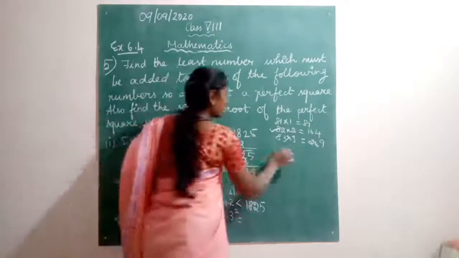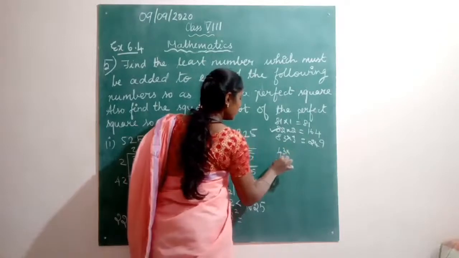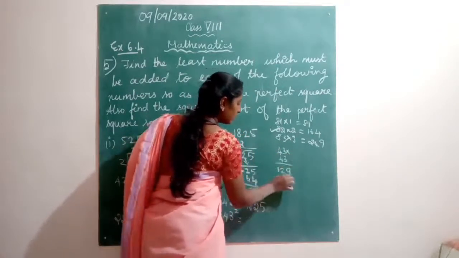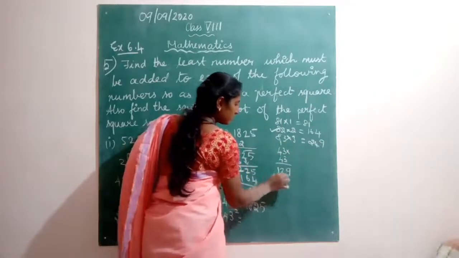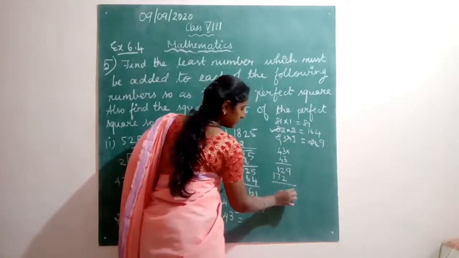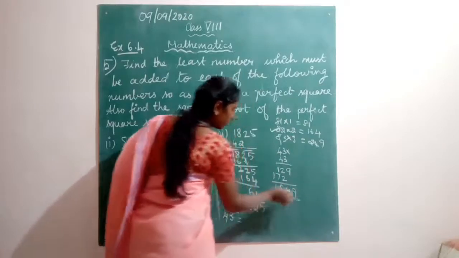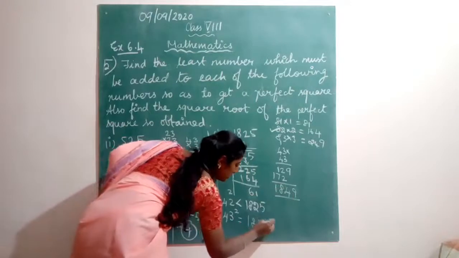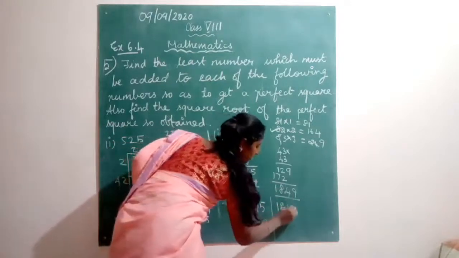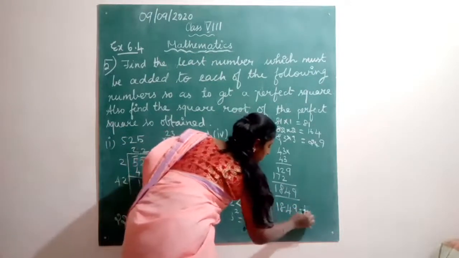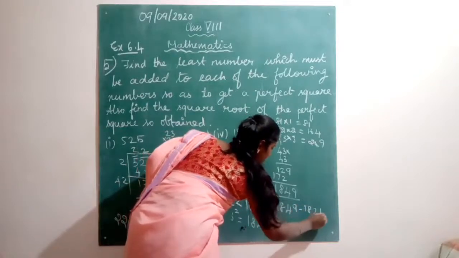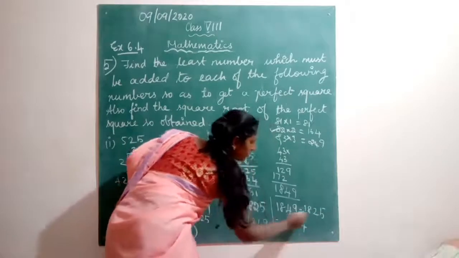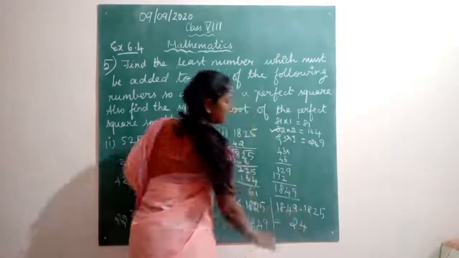43 into 43. 3 3s are 9, 3 4s are 12, 4 3s are 12, 4 4s are 16 plus 1, 17. So 1849. Now 1849 minus 1825: 9 minus 5 is 4, 4 minus 2 is 2, and 18 minus 18 is 0.